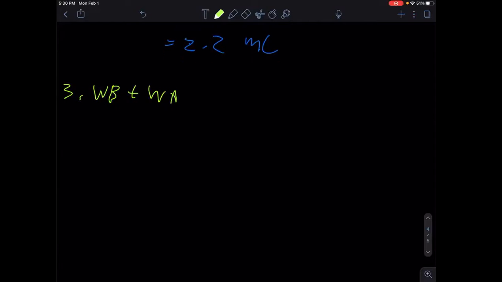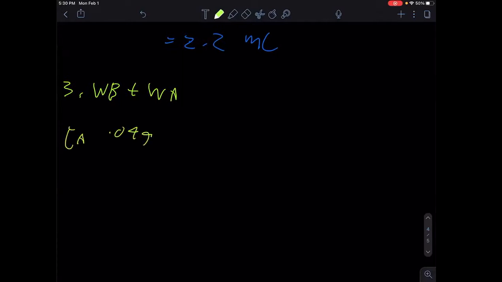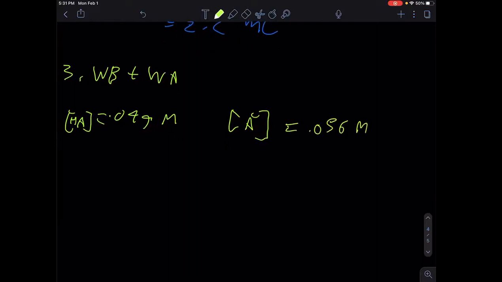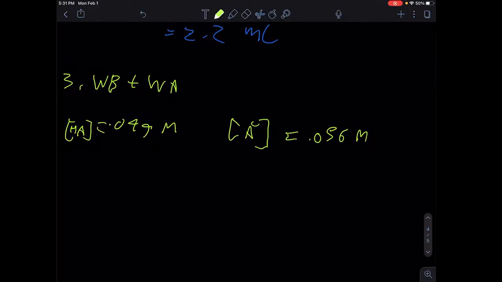As far as I remember, we had all of this, and we just multiply it by the volume, which is 50 milliliters, so it's 0.6.